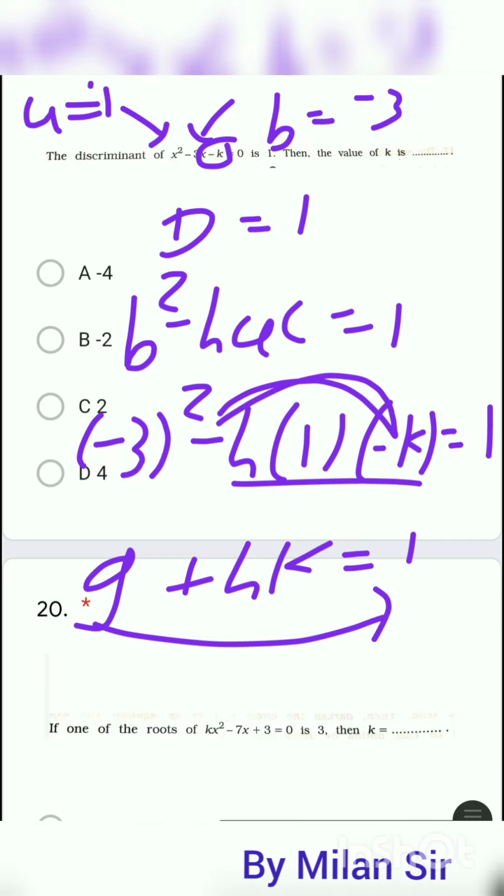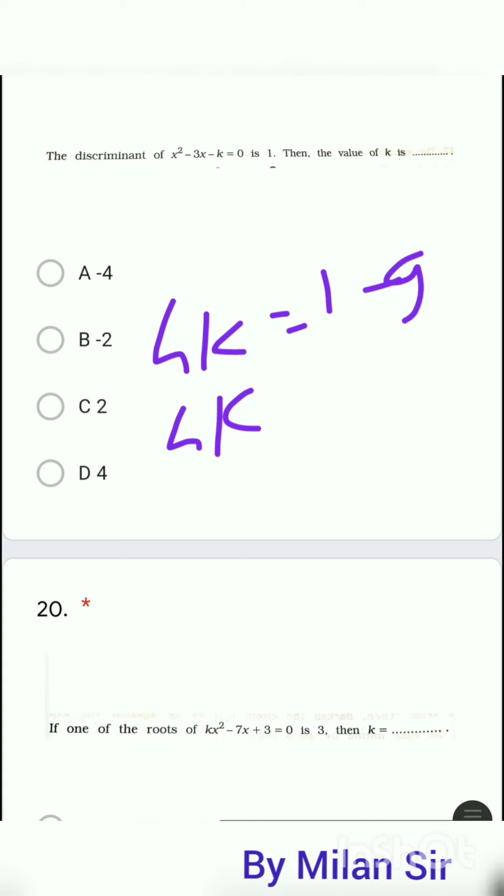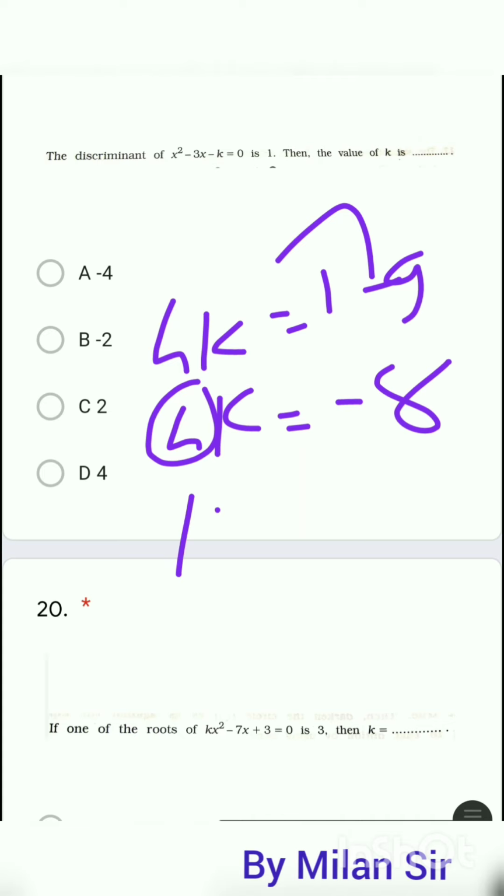Now transfer this 9 to the right hand side. So 4k is equals to 1 minus 9. So 4k is equals to, now 9 minus 1, 8. Bigger number 9 has a negative sign, so negative sign. Now for finding the value of k, transfer this 4 to the right hand side, so it goes to the denominator.